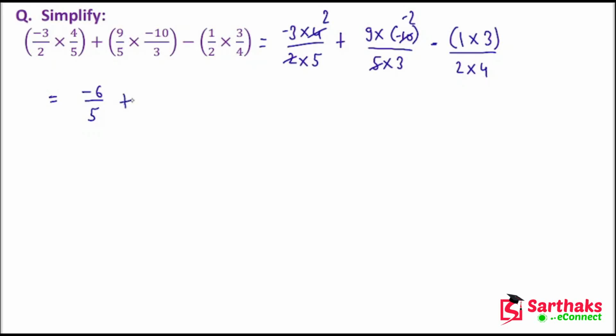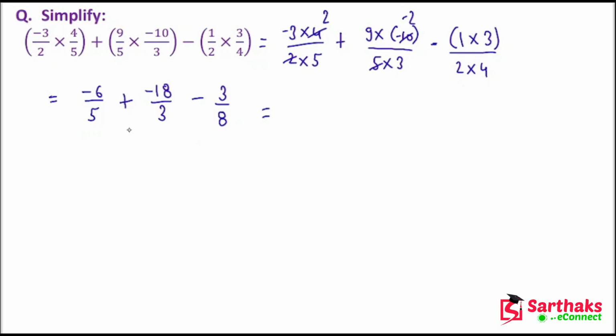So here you will get minus 18 upon 3. Okay, minus you will get 3 upon 8. Now you can easily solve these 3 rational numbers by taking the LCM of 5, 3 and 8 all at once.